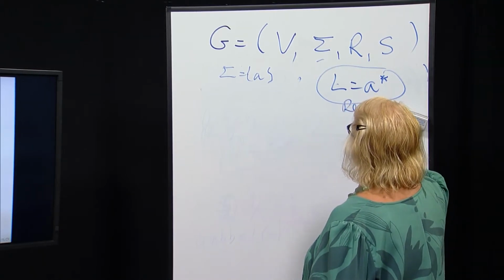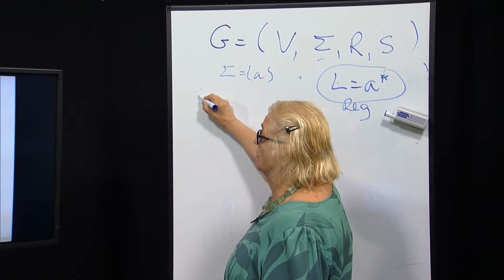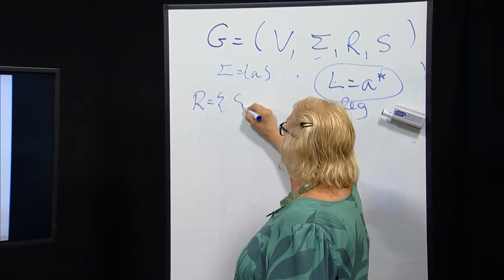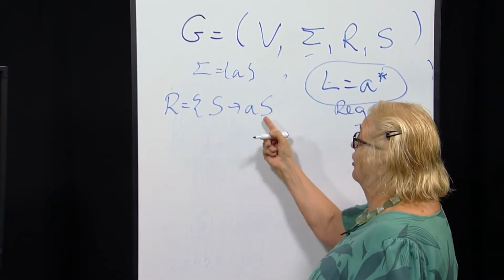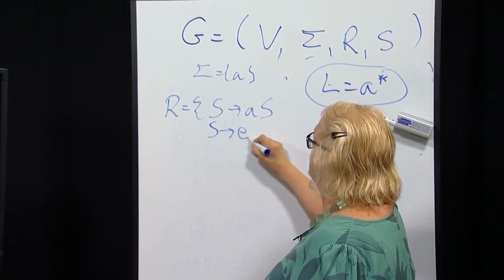This is a regular language. And I make the rules S goes to A S, of course obvious, and S goes to E as the way out.